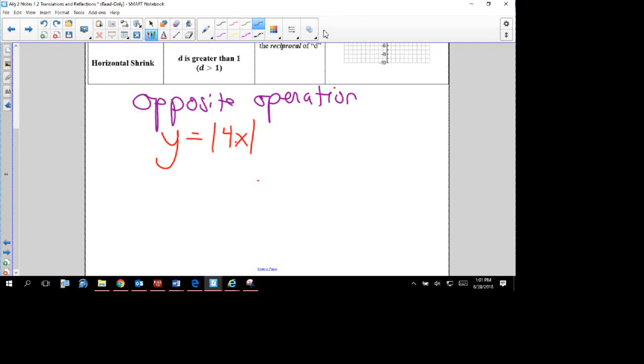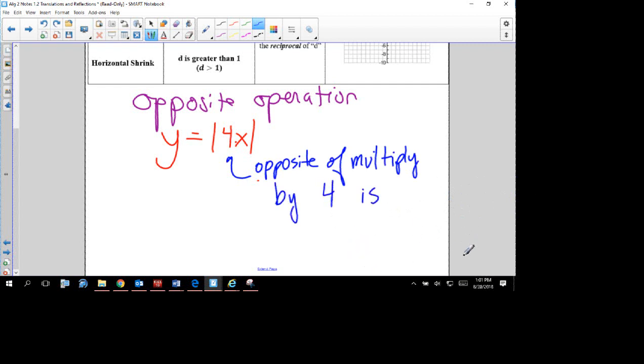What is the opposite operation of multiply by 4? Divide by 4.